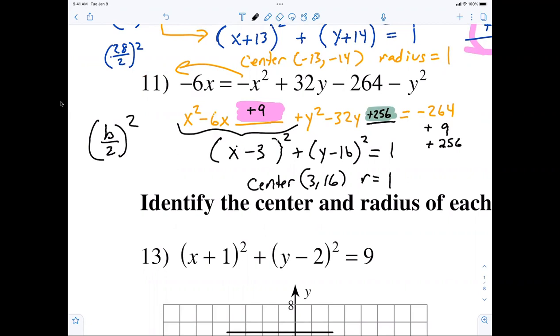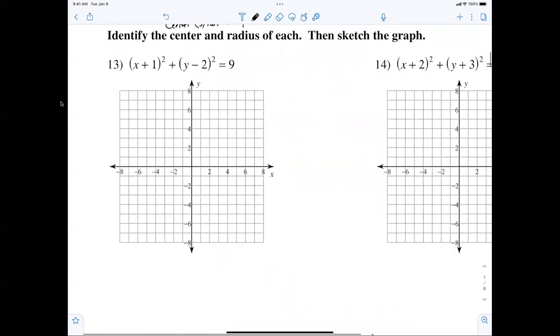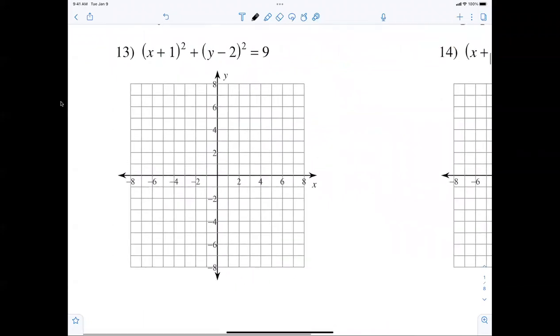All right, so now we're just going to graph a couple of these real quick. Somebody tell me what the center is here. (-1, 2). So everybody go to -1, then go to 2. Plot the point. That's the center. Now, what's the radius? 3, right?